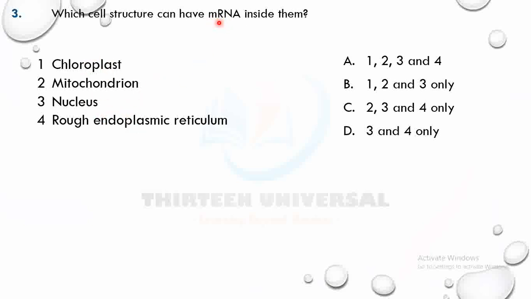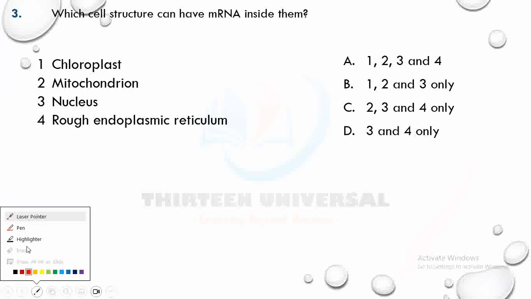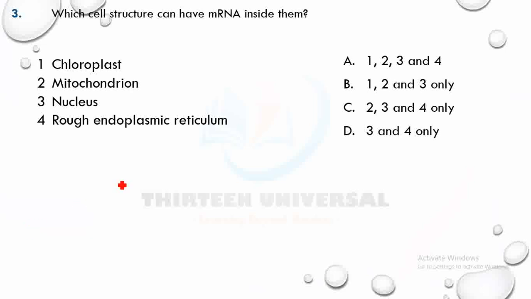Anything that has mRNA must have DNA, because mRNA is made using DNA. A section of DNA, which is called a gene, is copied into messenger RNA during transcription. So if we are dealing with mRNA, there must be the presence of DNA.